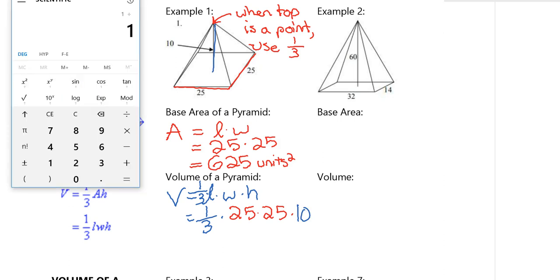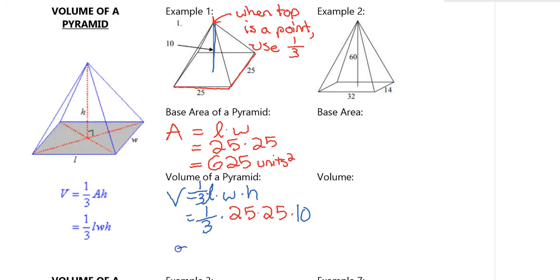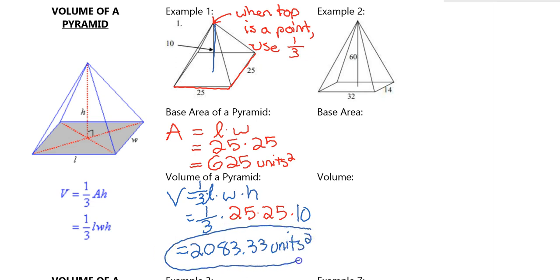So I have 1/3 times 25 times 25 times 10, and I get 2083.33. You could also get it as a fraction either way. Decimal or a fraction does not matter.